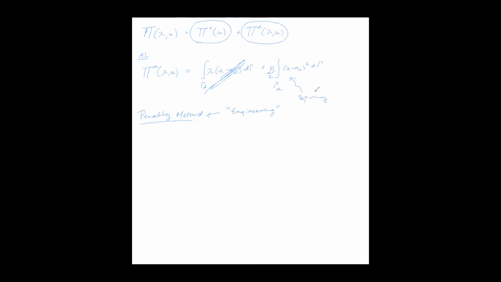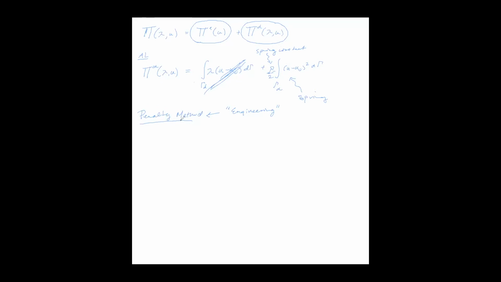So in other words, we're saying let's model the enforcement of a constraint by basically a spring constant. That's what the penalty is, times how much the spring has been stretched, which is how far away it is from enforcing the constraint. So you can see why the penalty method is so popular.